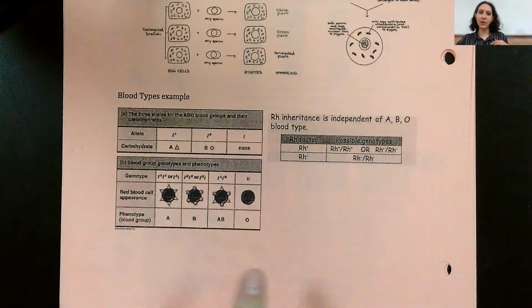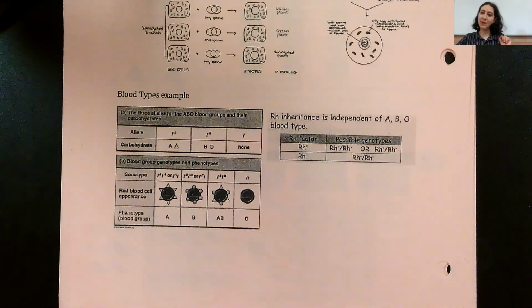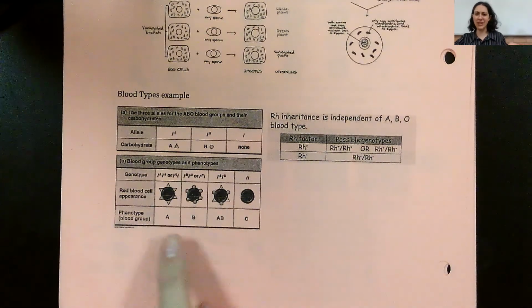So AB blood types are considered the universal acceptors. O are the universal donors because anyone can take them. But if you have type O blood, you can only accept type O because your immune system says, hey, we don't have these A proteins or B proteins or carbohydrates. That's not a thing.